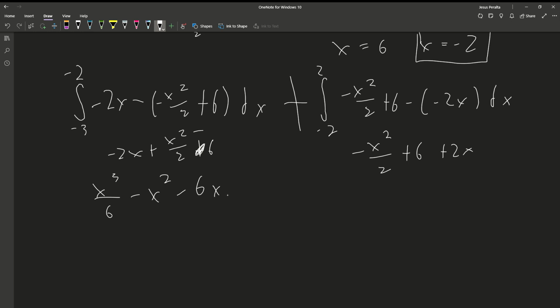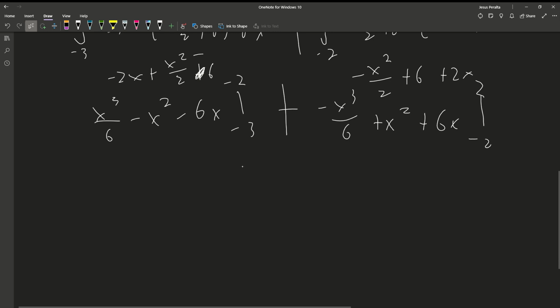So then from negative 3 to negative 2, then we're going to integrate the other one, which is just going to be negative x cubed over 6 plus x squared plus 6x. So then from there, oh, I forgot, from negative 2 to 2.